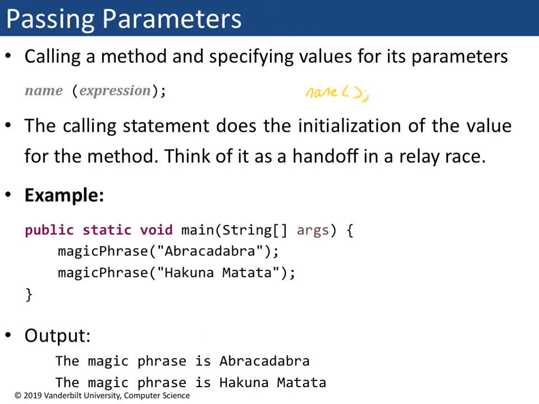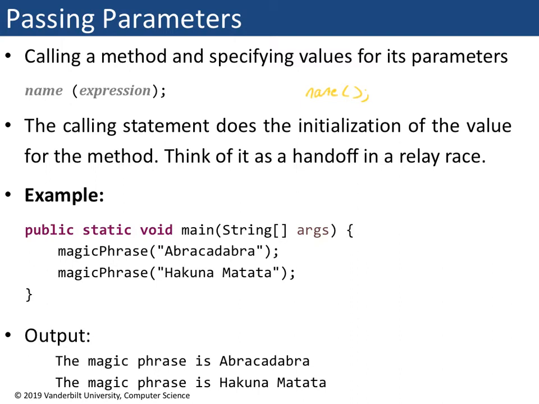So that can be an expression. We can pass a combination of operators, we can pass a literal, or we can pass a variable. Remember that each one of those would be considered an expression. The idea of an expression is quite broad. If you need to recap that, I would go back and look at it. So in general, we can pass any expression to a method as the parameter. So the calling statement does the initialization of the value for the method.